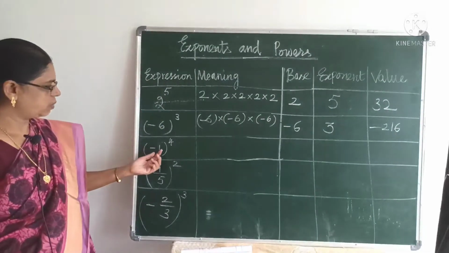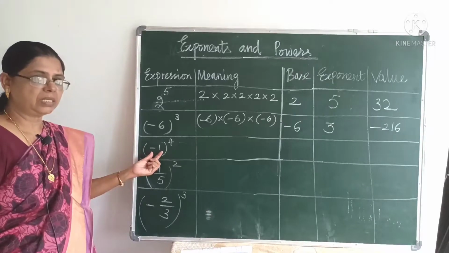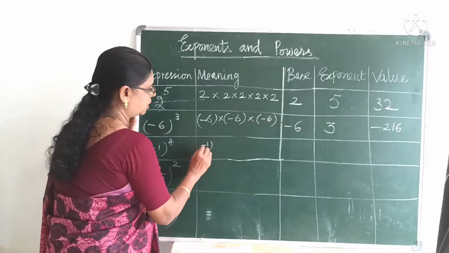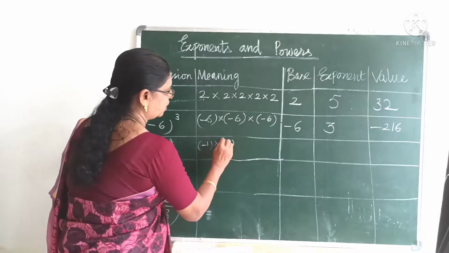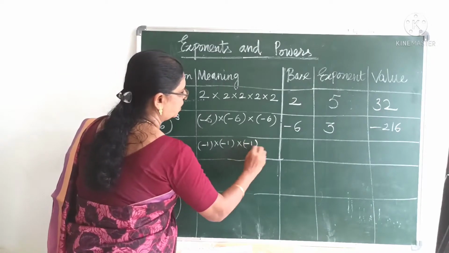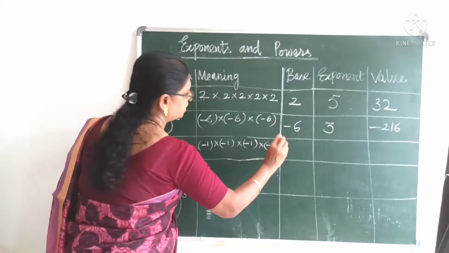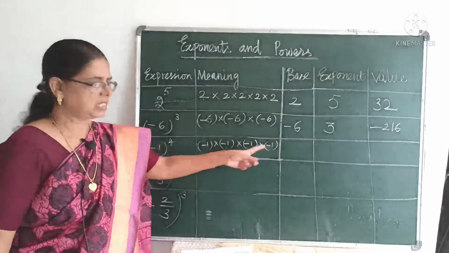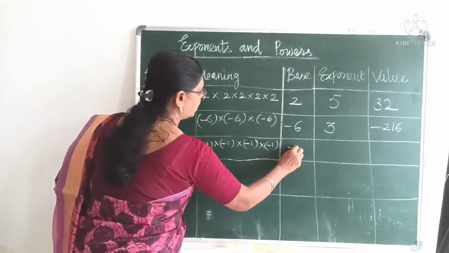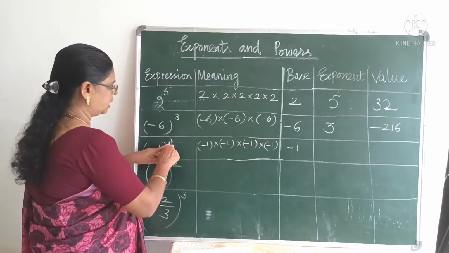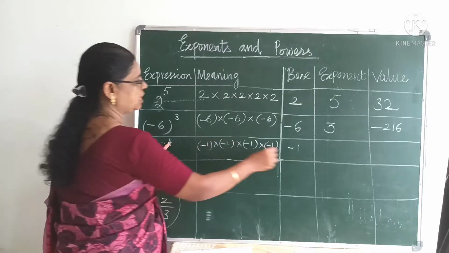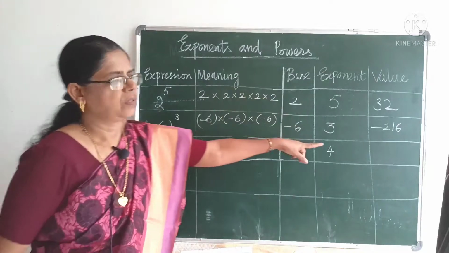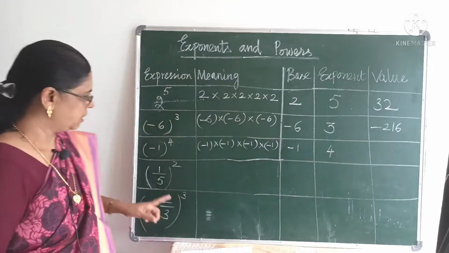The value of this expression is minus 216. The next one is minus 1 power 4. Minus 1 into minus 1 into minus 1 into minus 1. So what is its base? Base is minus 1 and the exponent or the power is 4. Let us find out the value of this one.